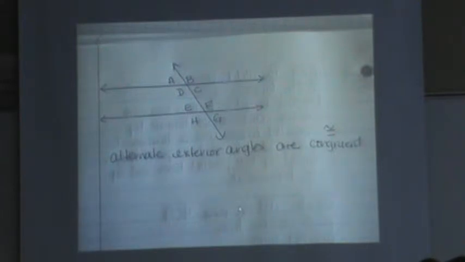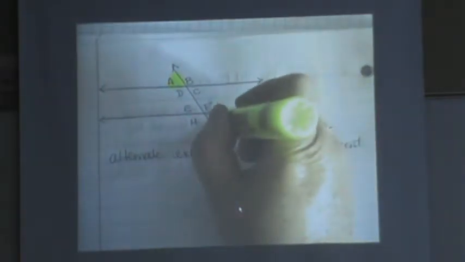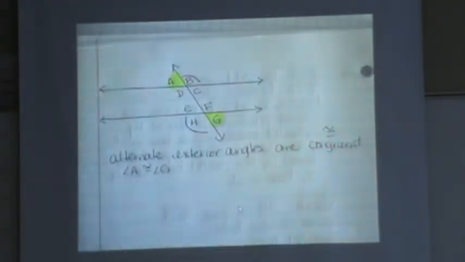A and G, B and H. My alternate exterior angles that are congruent are A and G. Angle A is congruent to angle G. And also angle B is congruent to angle H.